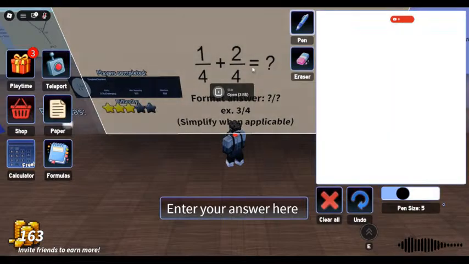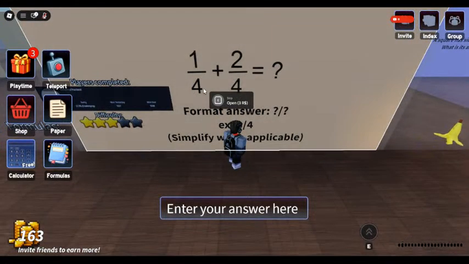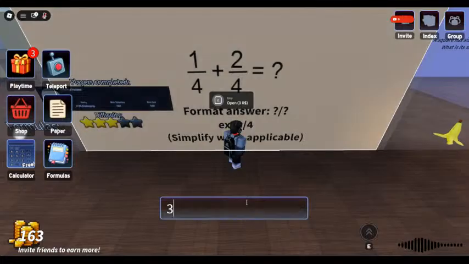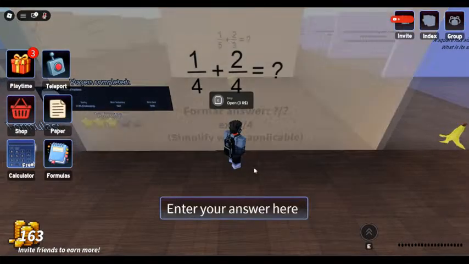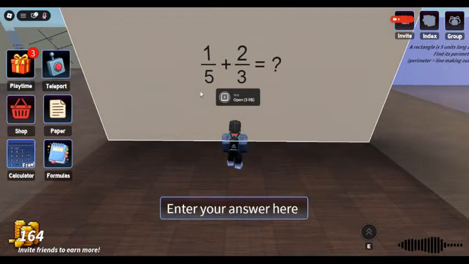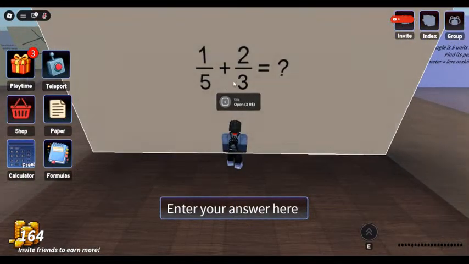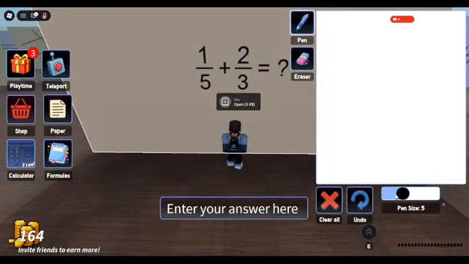But in here it's the same. So simply we keep the bottom, it's 4, and 1 plus 2, which is 3. So then 3 over 4. That's the answer.